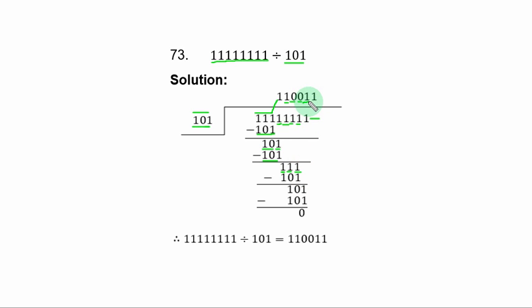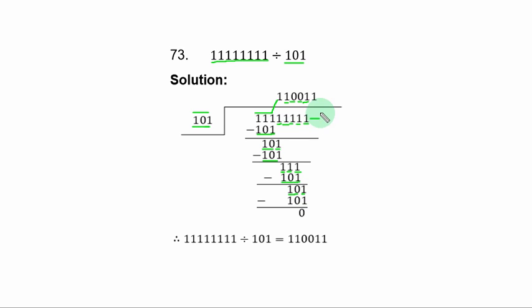Multiply 1 by 101, you have 101. And when you subtract, you have 10. The last number there, 1, you bring it down and you have 101.